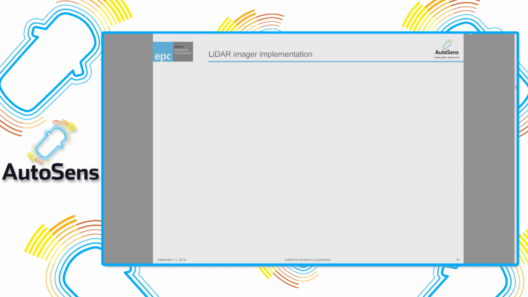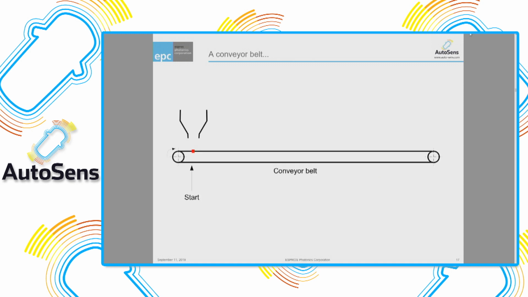Okay, how we implemented our LiDAR systems. Let me compare the concept with a conveyor belt. So we have a conveyor belt here running in this direction. This is the starting point, and here's kind of a funnel where goods are dropped in. Now, let's start running the conveyor belt.